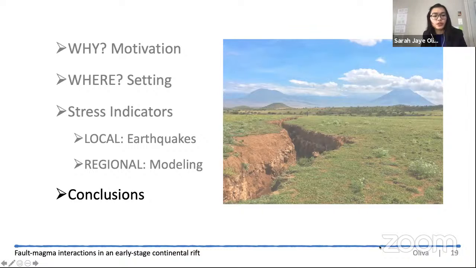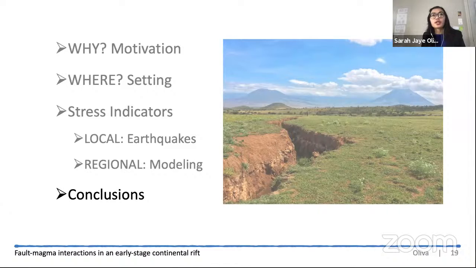Just to quickly recap, we went through the why: we want to find out the role of magmatic systems in the evolution and the strain accommodation of an early stage rift. We focused on the early stage rift, the southern part of the East African Rift, along the Eastern Rift, and then we looked at different stress indicators, focal mechanisms, GPS models, and then related it to the 2007 diking in the region.